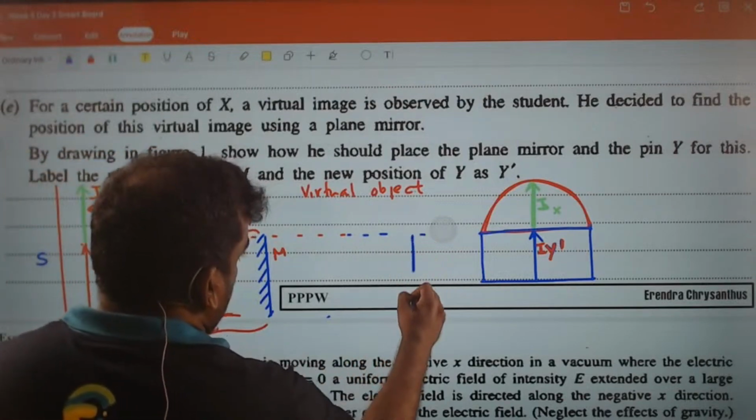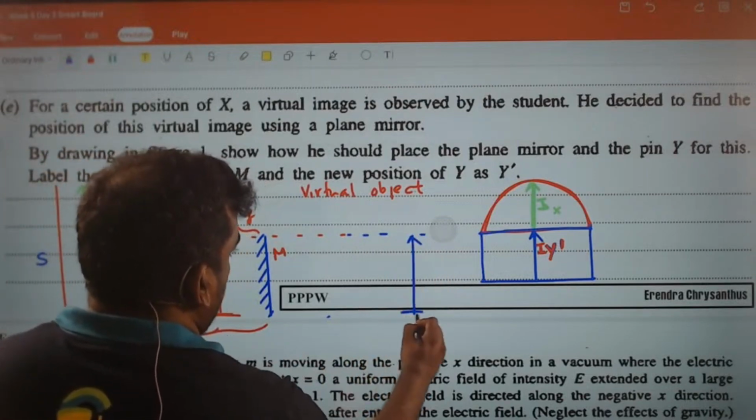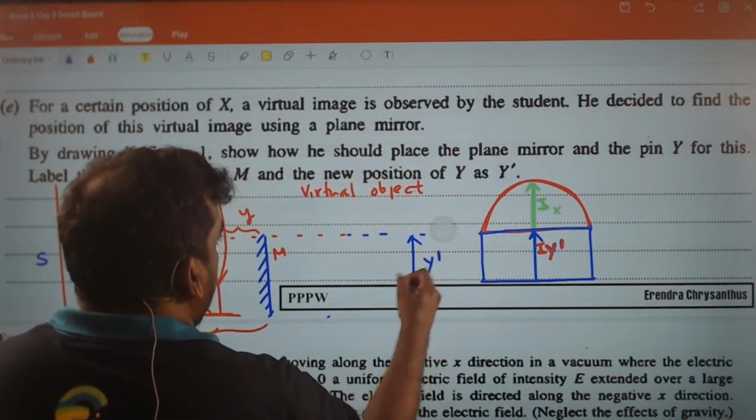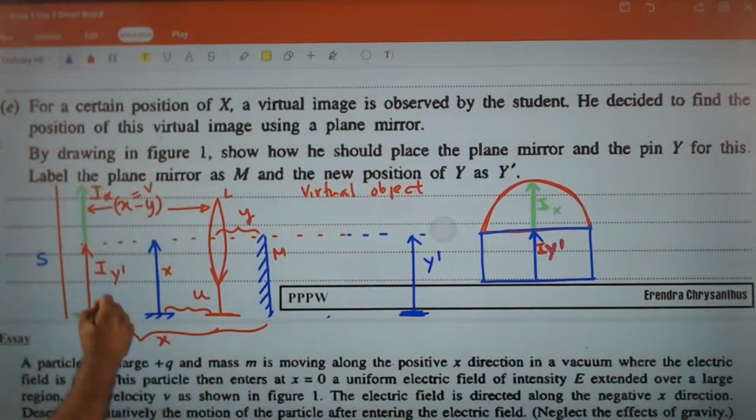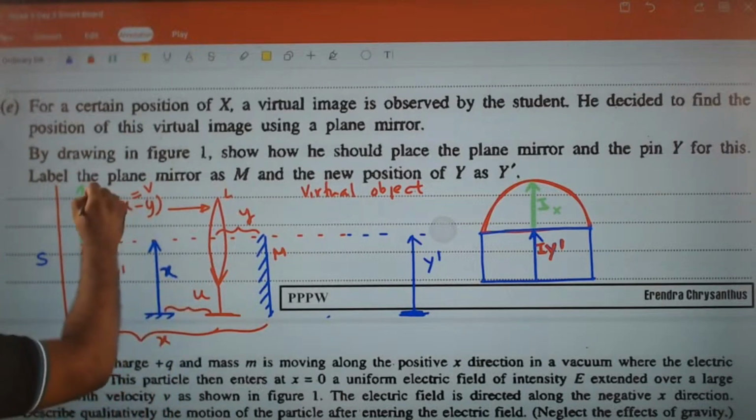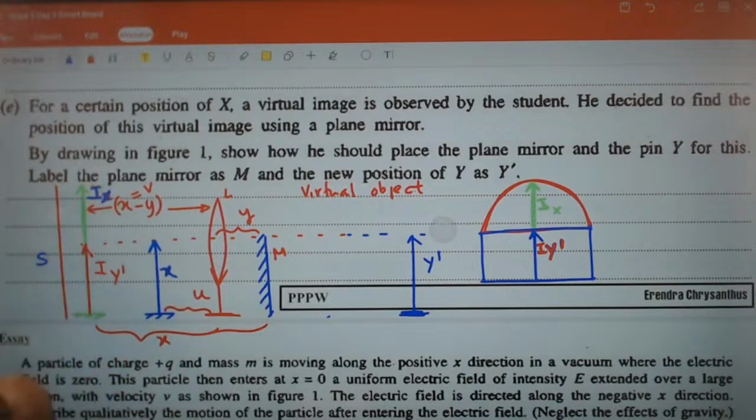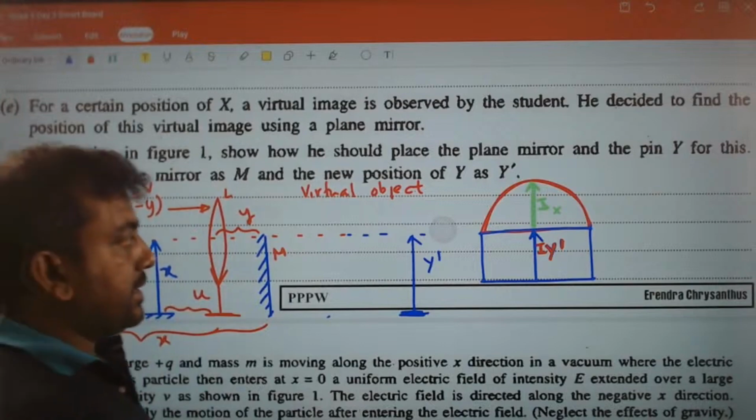Somewhere here. This is Y dash, the image of Y dash. This is X, that's the image of X. What am I seeing here?